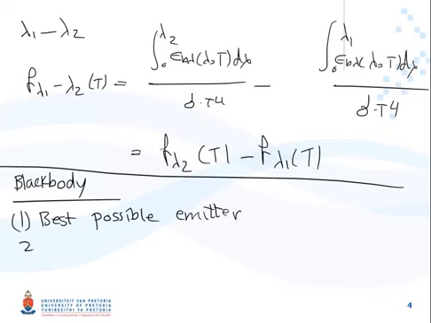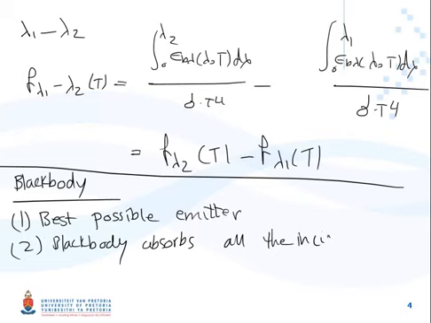Second, the blackbody absorbs all the incident radiation, so basically it is the best possible absorber.